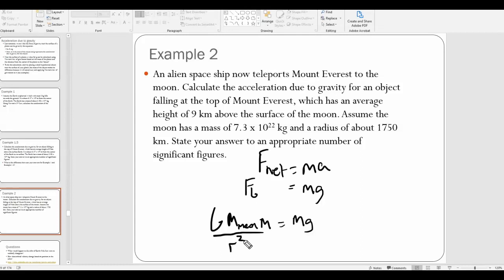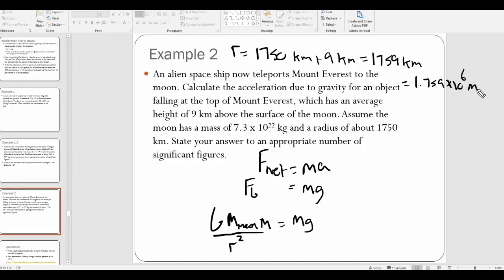Divide by r squared, where r is equal to 1700 kilometers plus 9 kilometers. That's 1759 kilometers. And then I need to multiply that by 1,000. Okay, so that's 1.759 times 10 to the 6 meters. If you just multiply that by 1,000, you get 1.759 million, which is 10 to the 6.